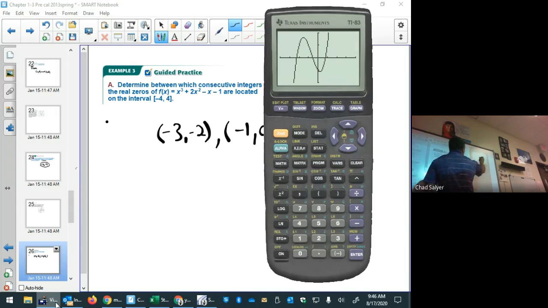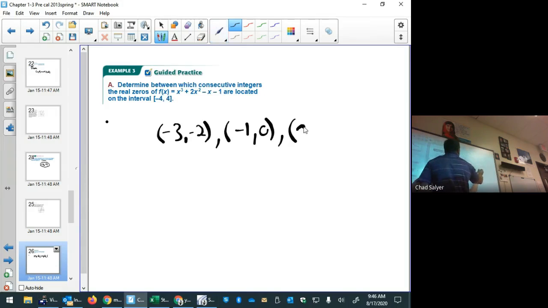And then finally between 0 and 1. So 3 zeros on that interval, and they're between these 3 sets of 2 consecutive integers. So we're not stating exactly where they are, we're stating which consecutive integers they are between. And in this case, it's these 3 sets.